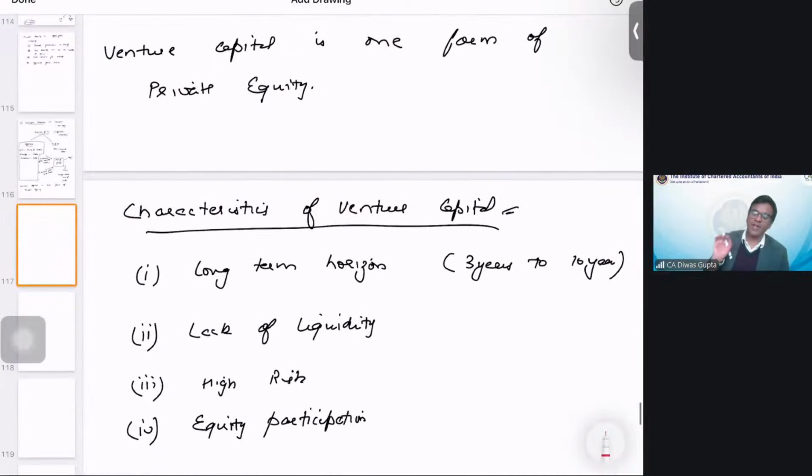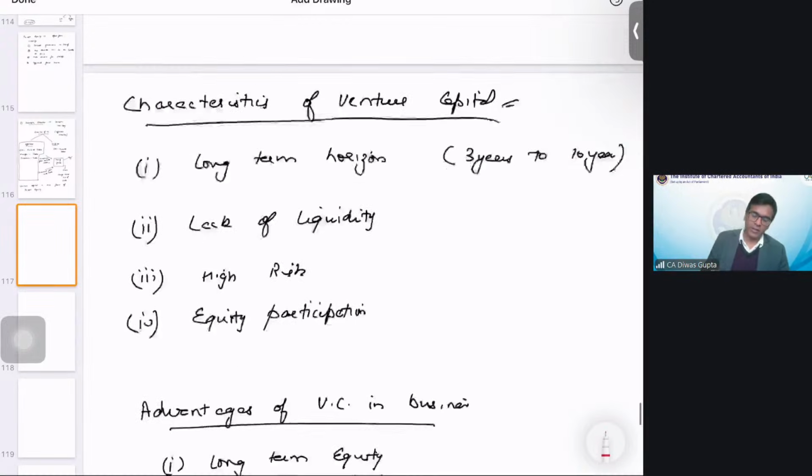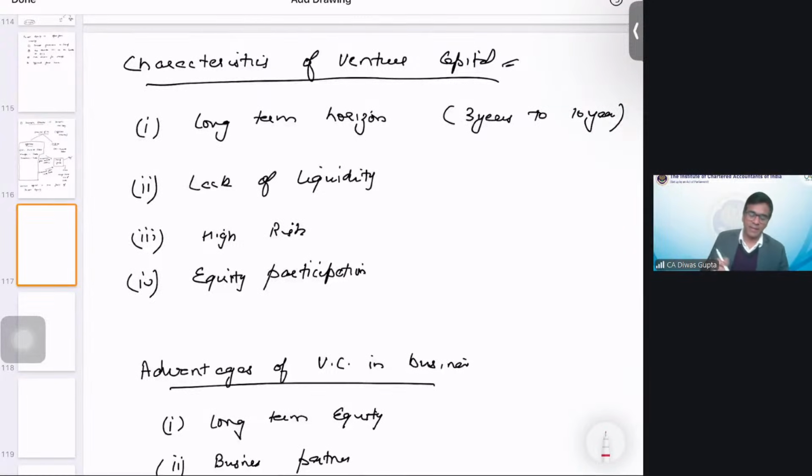So what we are saying is venture capital is one form of private equity, students. Private equity is a wider term. Venture capital is one form of private equity. Now, the characteristics of a venture capitalist: it is done with a long-term horizon, which is 3 to 10 years. There is a lack of liquidity because there is no secondary market in which you can go and sell.